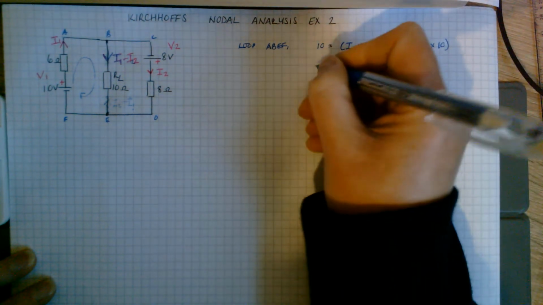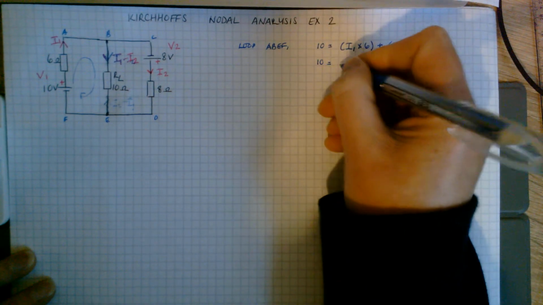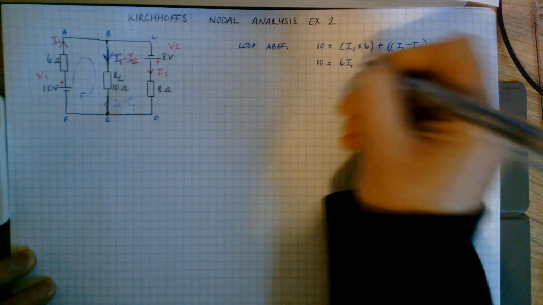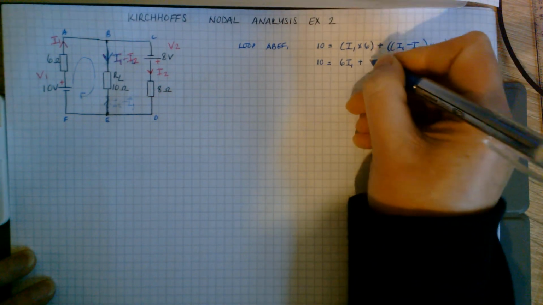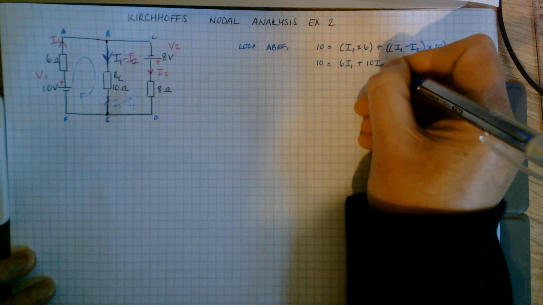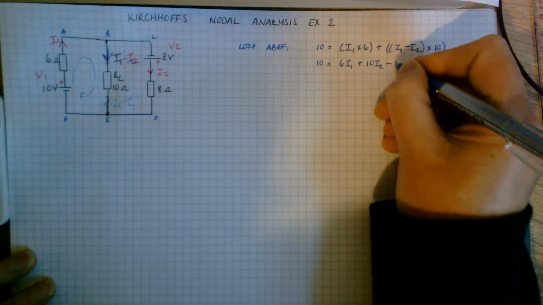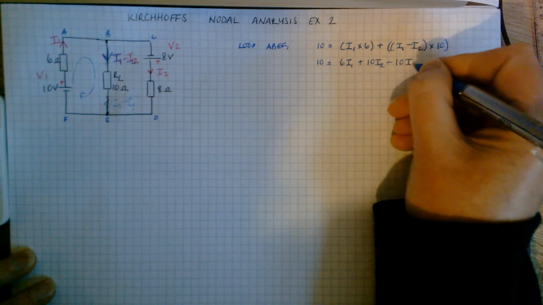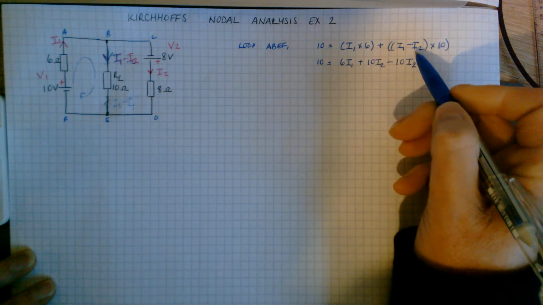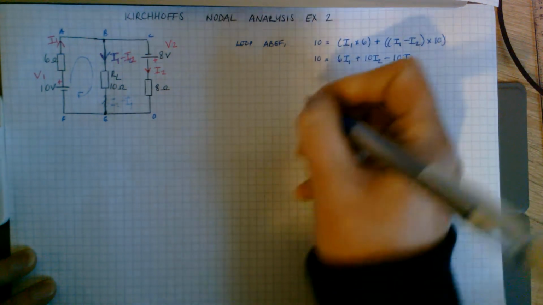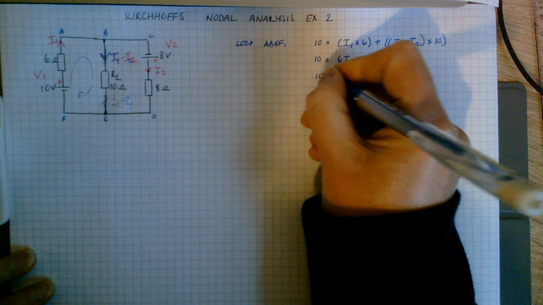And then I can simplify this. You should notice that it's a negative 10 I2 when you multiply out your minus I2 times 10, and you collect like terms, the same as you always do.